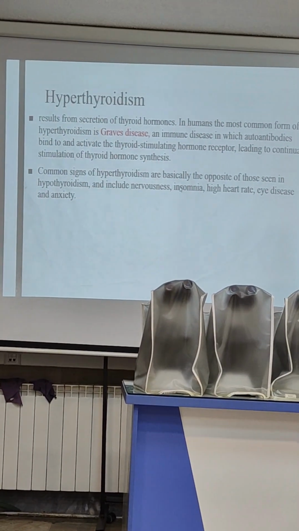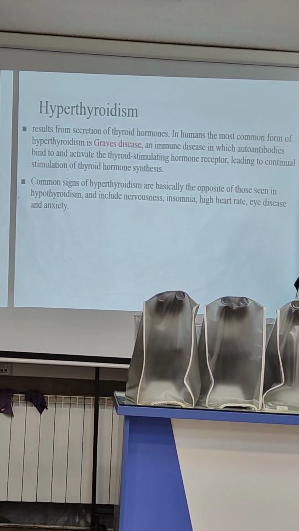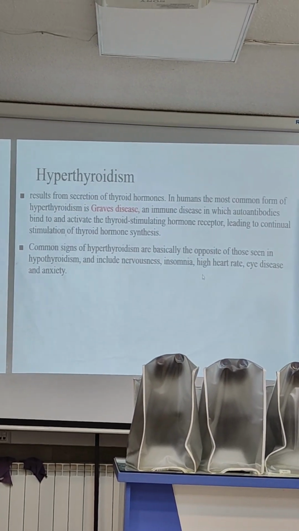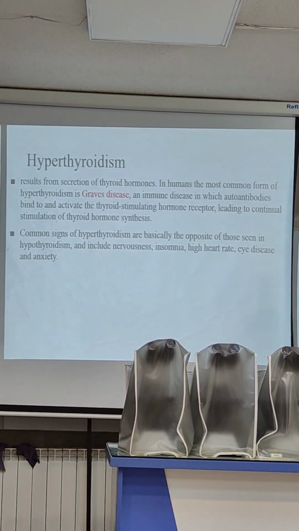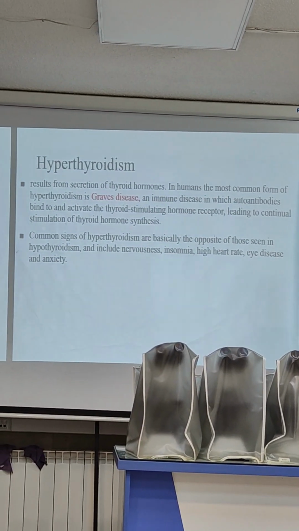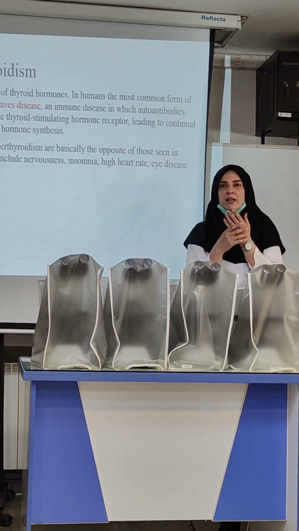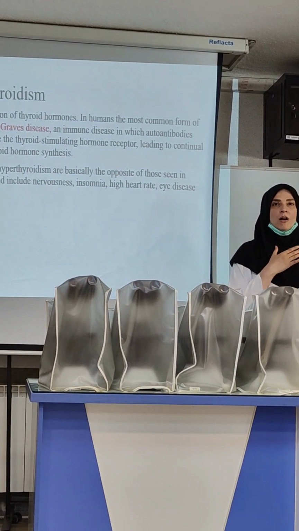The common signs are the opposite of hypothyroidism. For example, these include nervousness and insomnia. Most hyperthyroidism cases are thin, and they have hot hands and a high heart rate.